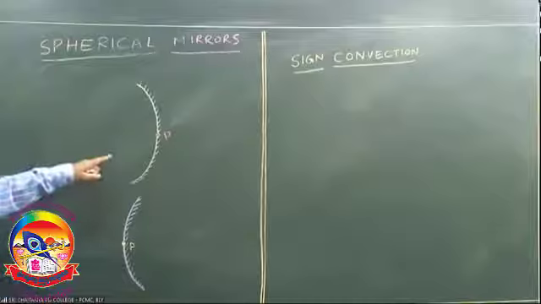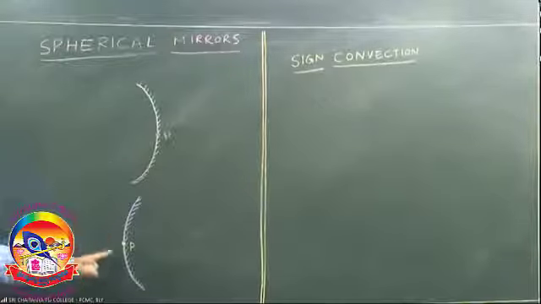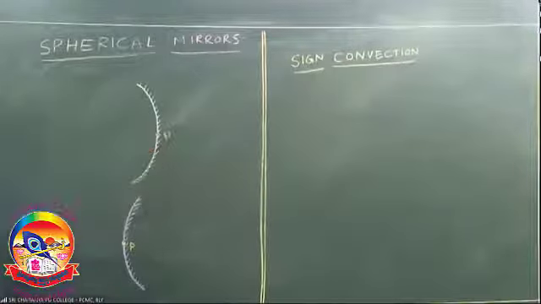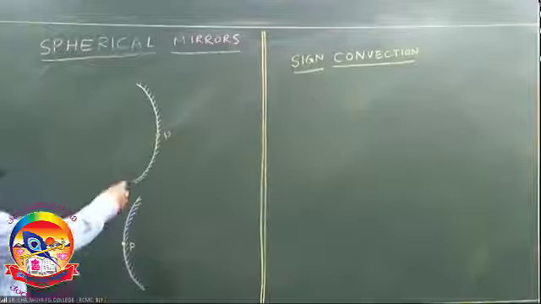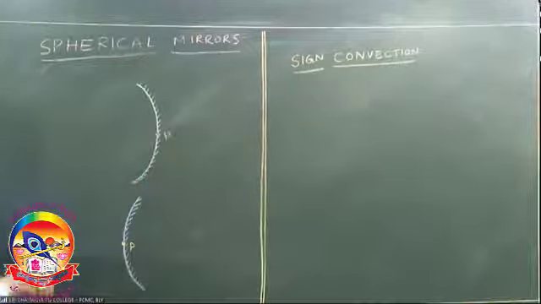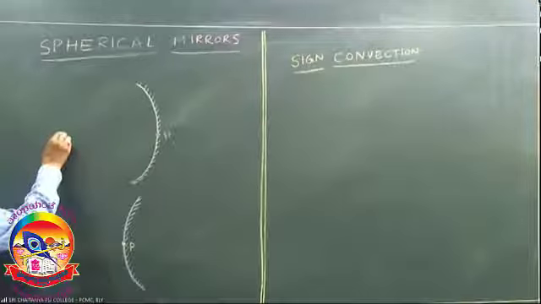This is the concave mirror, and this is the convex mirror. P is the pole, the geometrical center. If I assume this is a part of a complete sphere, the center of the sphere is the center of curvature.